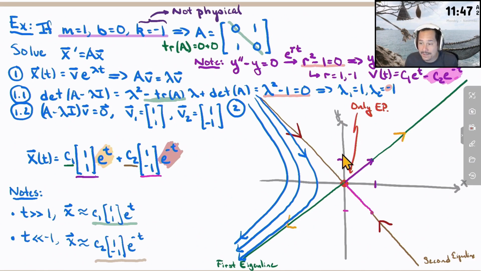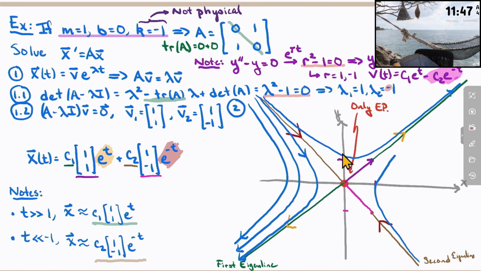And then what would happen in this upper region? Well, really far back in time, I have this brown solution curve drawing me in, but then as I get closer to the origin, I see the green solution and it's pulling me away. Brown deep in the past, going forward, I meet green. Green pulls me away.